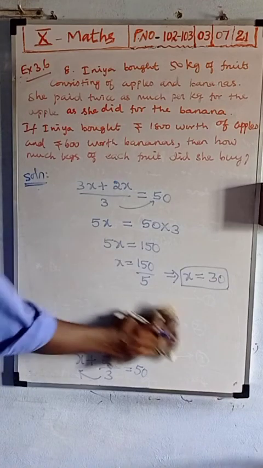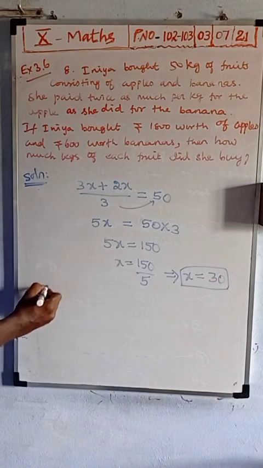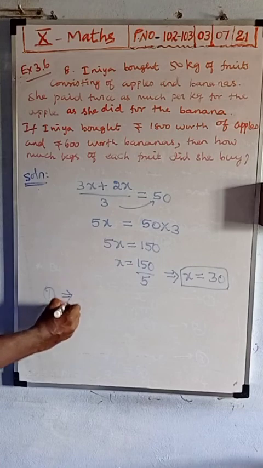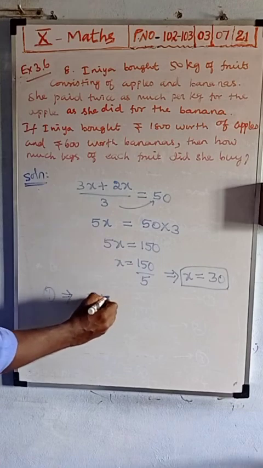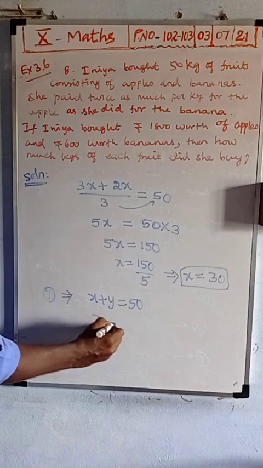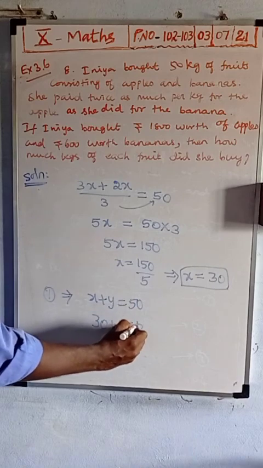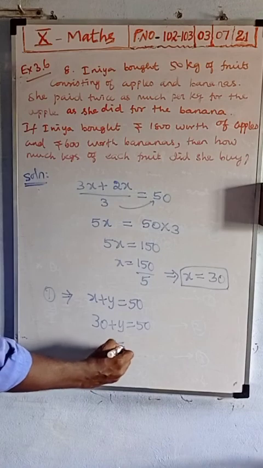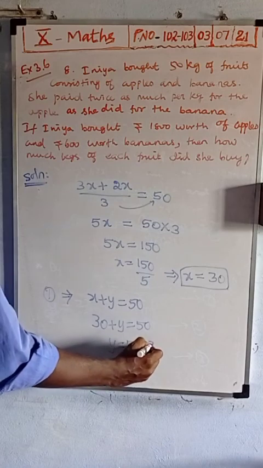Then y you want to find. In equation 1, x plus y is equal to 50, substitute x as 30. So 30 plus y is equal to 50. So y is equal to 50 minus 30.